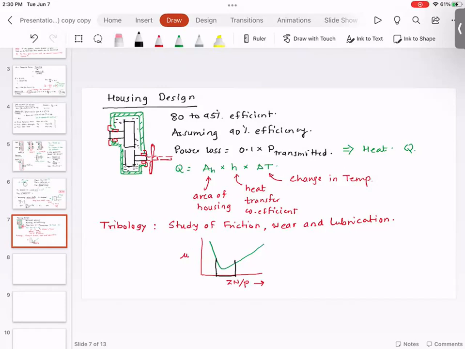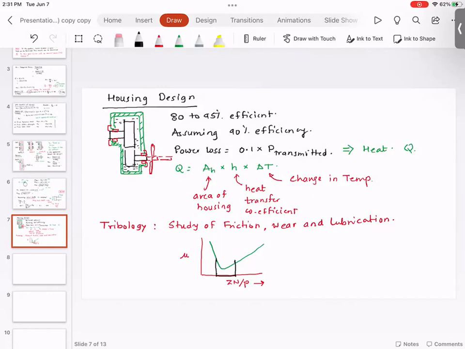Because think about it, what happens if the viscosity is too high? Speed is constant, contact pressure is constant, so you are going to go all the way over here, which would increase the coefficient of friction.